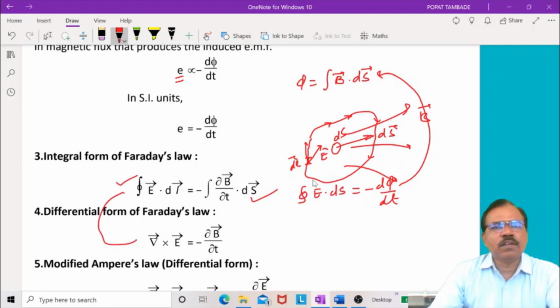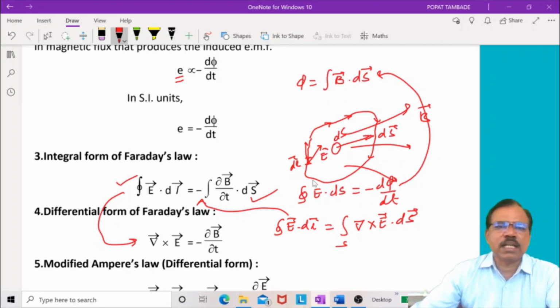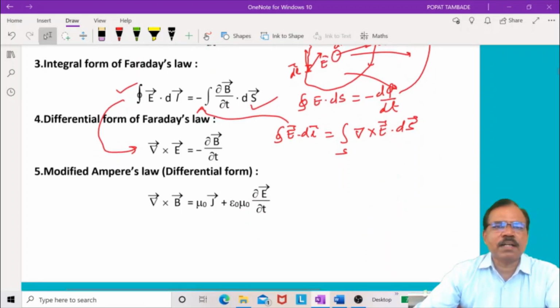Now we can convert this into differential form. We know integration E dot dl is equal to integration del cross E dot ds. Here this is surface integral. So line integral is converted into surface integral, and if we use this here, we get del cross E is equal to minus ∂B/∂t.